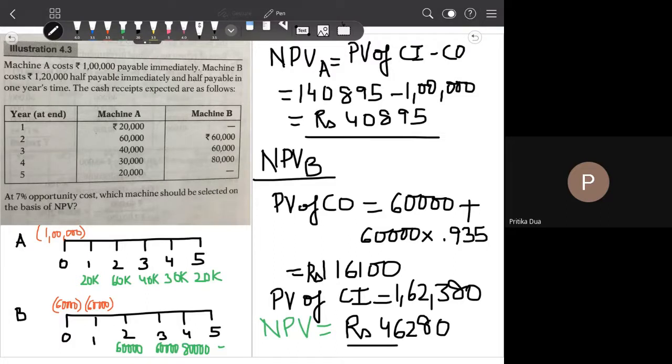There might be a 20, 30, 100 rupee difference because of the table values which we have taken. But on the whole, what we conclude is that NPV for machine B is higher than the NPV for machine A, and hence we recommend that the company should select machine B over machine A.